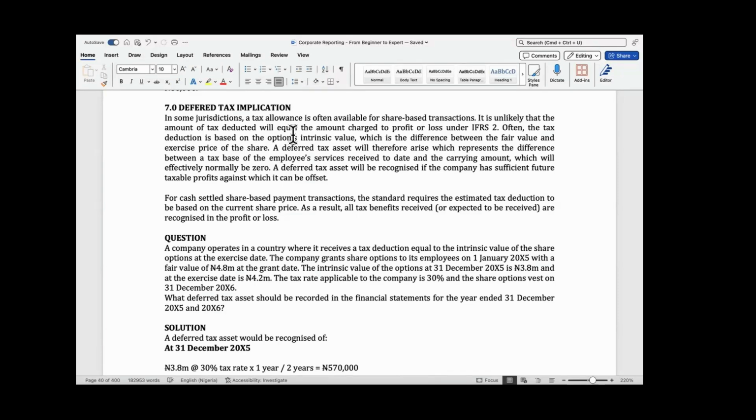From all ramification, it's always the intrinsic value. If that is what they feel you have incurred as a company, then that is what will become deductible in the future. So the tax base, when you want to get your deferred tax, is just the intrinsic value as at that date.